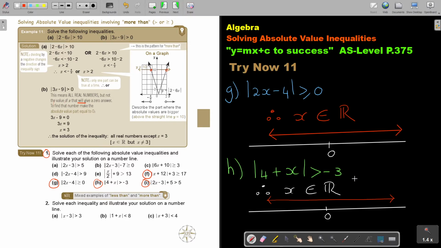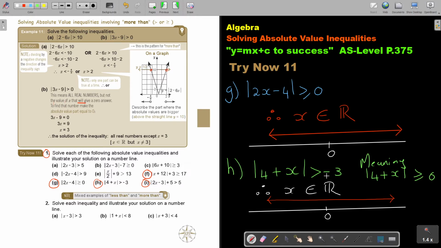Okay, in writing, if I want to say only the values from 0 are valid, so this can be regarded as, if they give you something like this, it's actually meaning, and I'm just going to put meaning, 4 plus x is bigger or equal to 0.